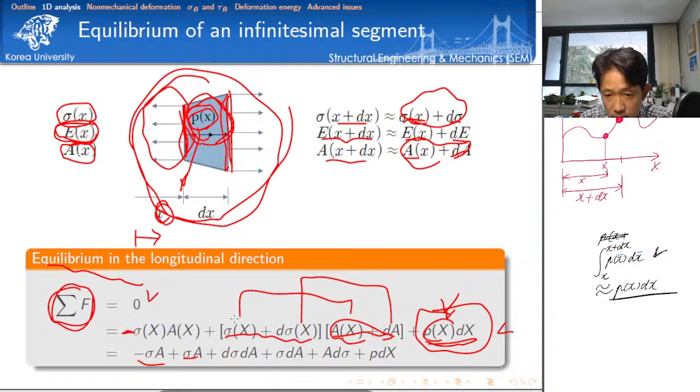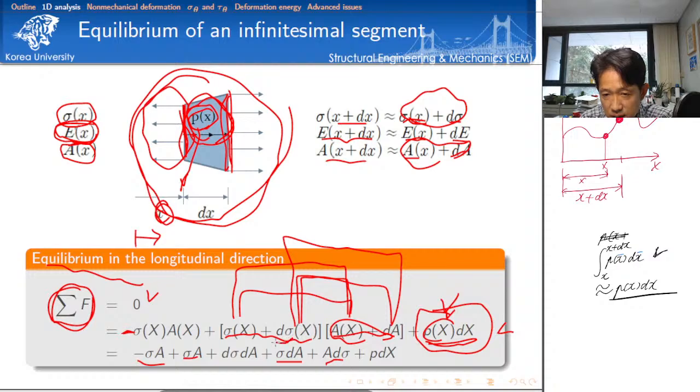Let's consider the second term and then the first term. That becomes sigma and dA. And then let's consider sigma and dA, yes, and the d sigma and A here, A times d sigma. And then the last one, d sigma and dA.